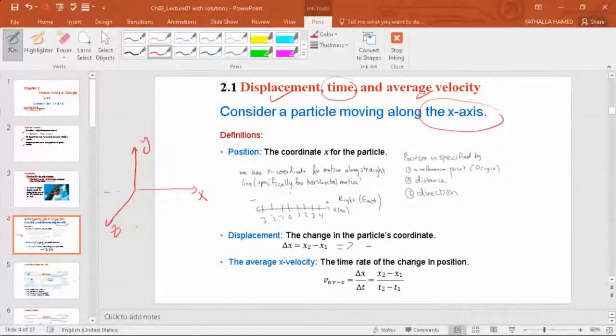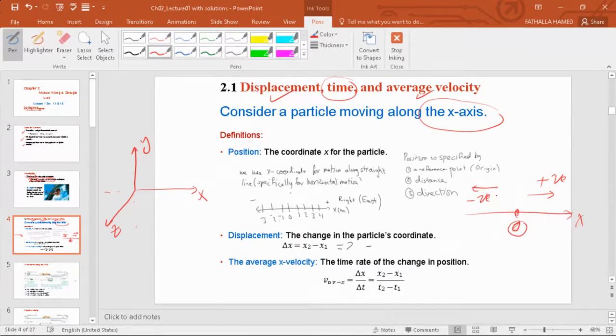So when you do that, okay, if you take your x-axis, you're going to choose a point where we say that this is the reference point. It's equal to 0. Anything to the right will be positive. Anything to the left will be negative. And that's basically how we're going to look at our position in one dimension.